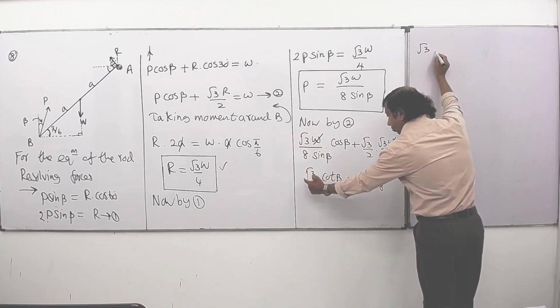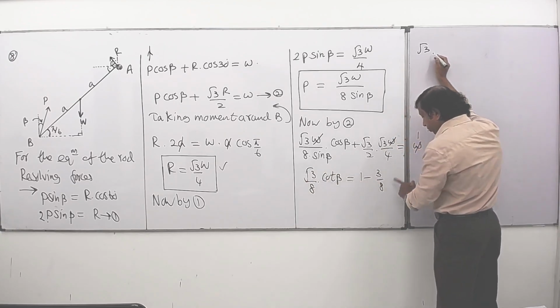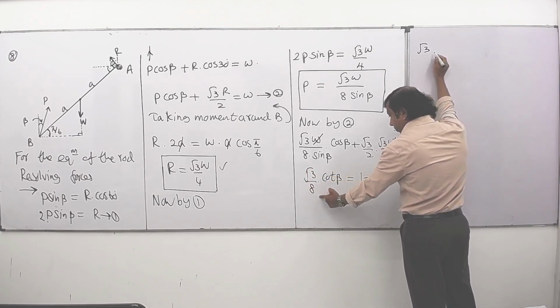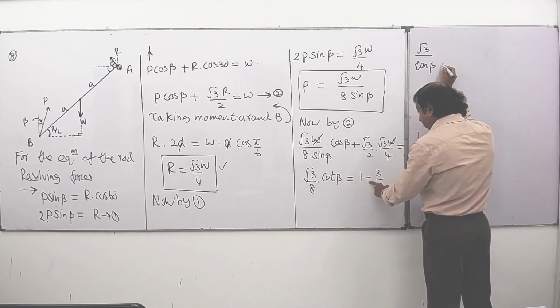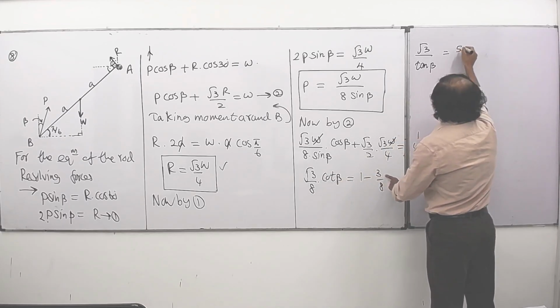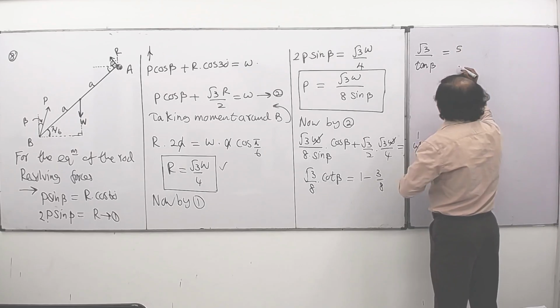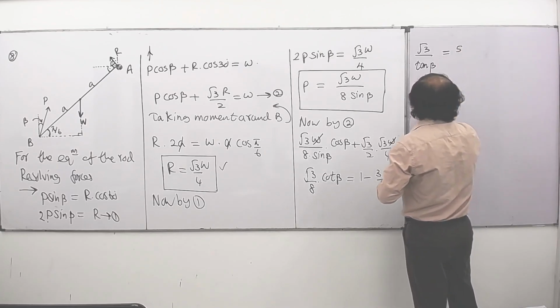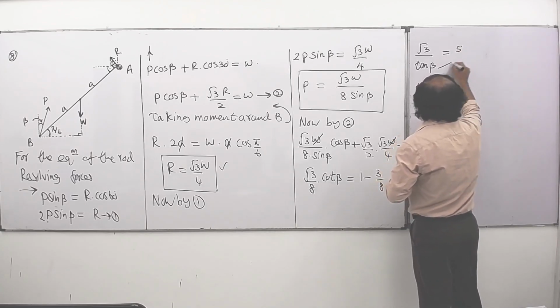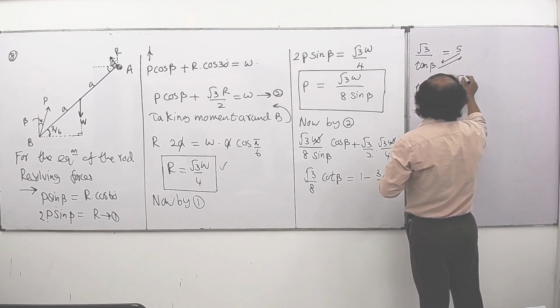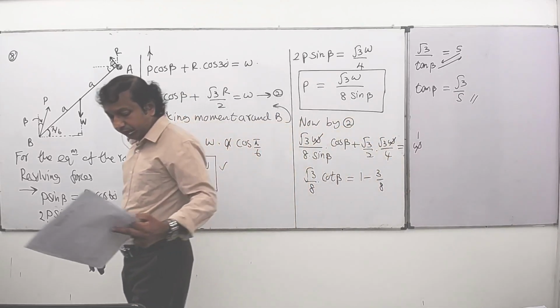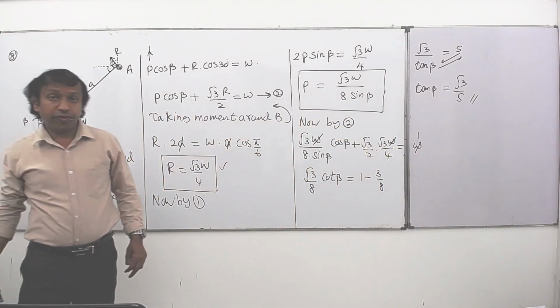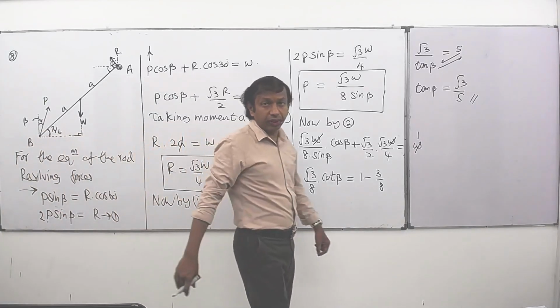Root 3 cot beta plus 3 equals 8. I write cot beta as 1 over tan beta. 8 minus 3, it's 5. Then use cross multiplication. Tan beta here, 5 here. We get root 3 by 5. This way we can take the answer.